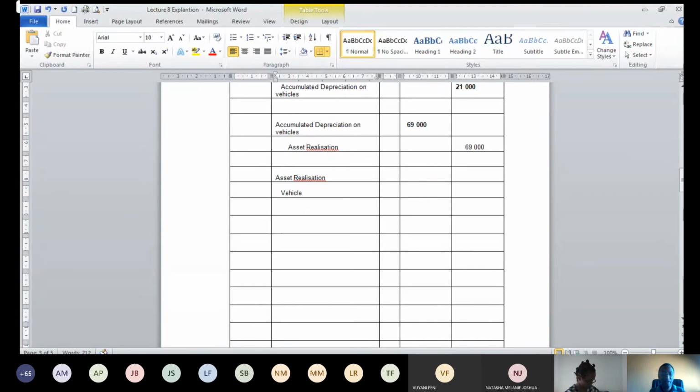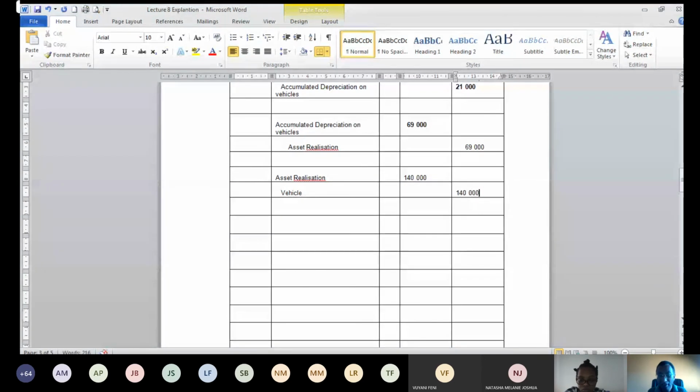Debit asset realization, credit vehicle. We will have to credit the vehicle account because your vehicles decrease. You're selling a vehicle. And this step, guys, deals with the cost price of the asset. The cost price of the asset is 140,000. That is the journal entry.